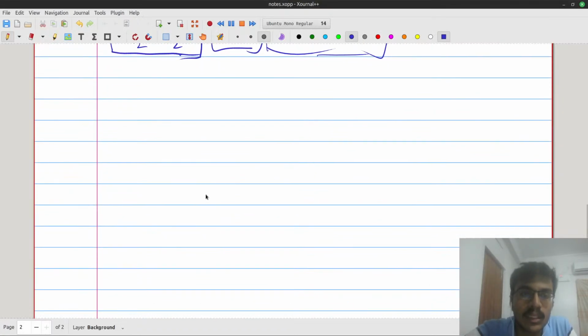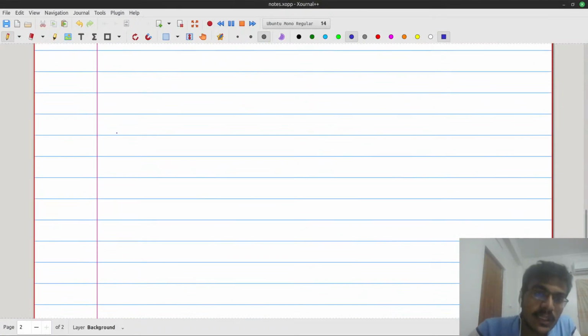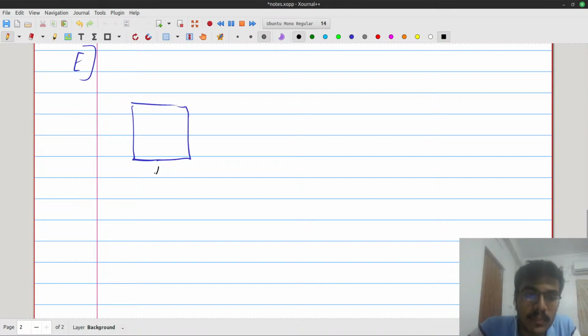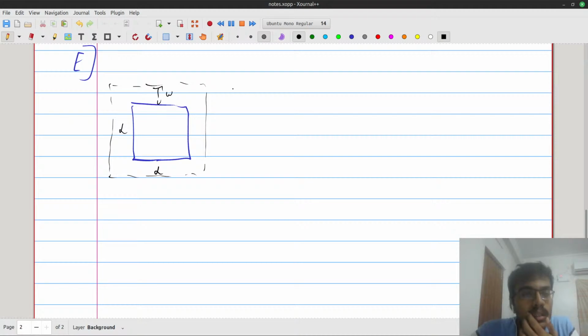Okay. So first of all, let's think about this. I have one square which has side, let's say alpha, right? So I have a square of side alpha, and surrounding it I have a border of width W. Now, like what is the total area of this?